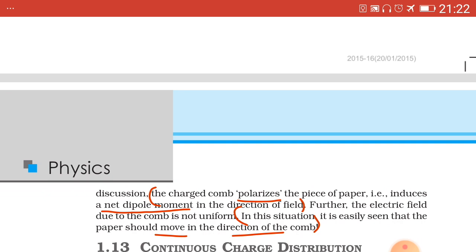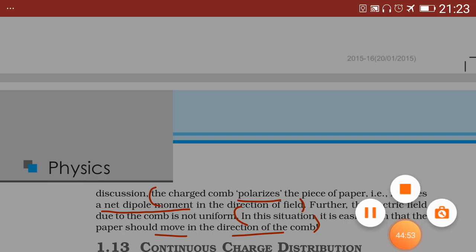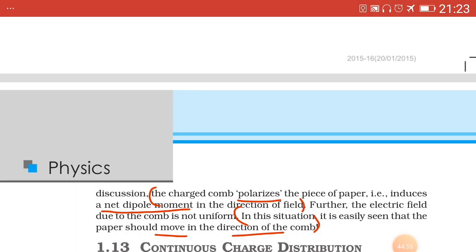Now, this can be explained with the help of a diagram which I show you. Just a minute.